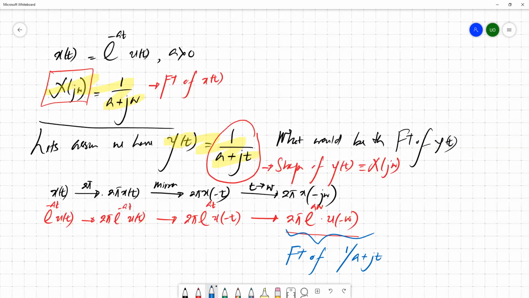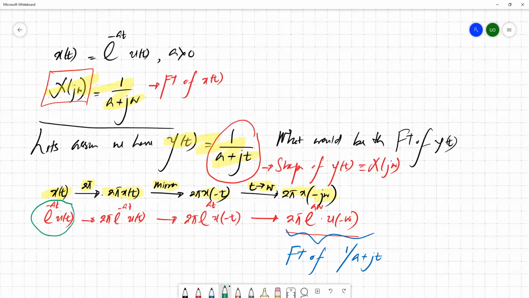So first we take the xt, then multiply with 2 phi, so it becomes 2 phi xt. Then take the mirror, so xt becomes x minus t. Then replace t with omega. Now we apply this here.